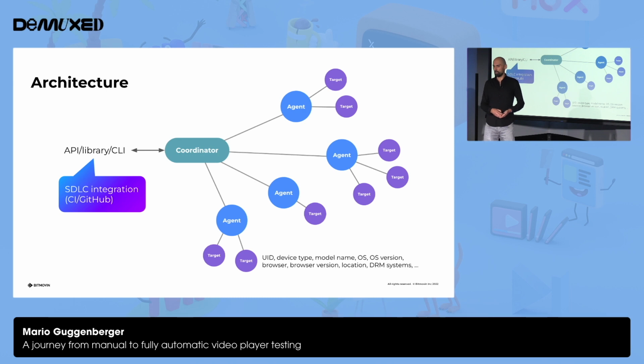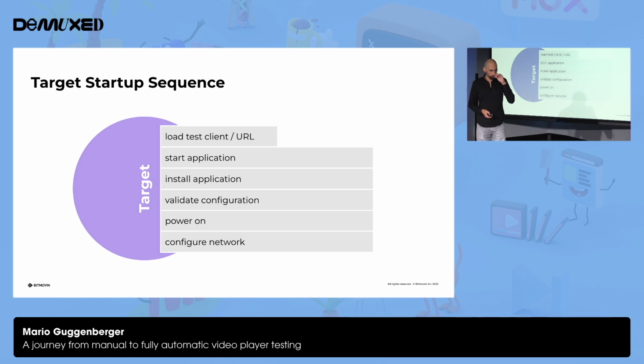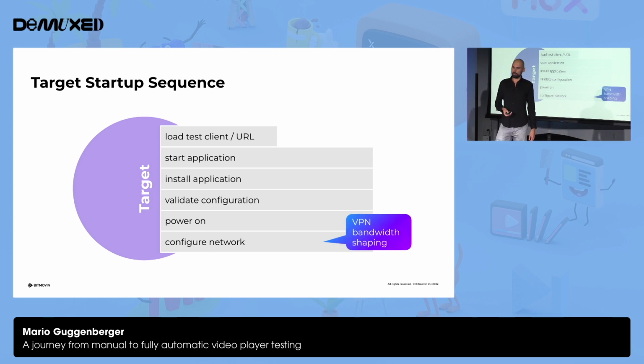And speaking of debugging, let's take a quick look at a startup sequence of such a target to see a few more key features. So the first step here is a network configuration. Here we can optionally assign a VPN tunnel to any supported country, which allows us, for example, to circumvent geo-blocking of customer streams. Then sometime later, an application is installed.